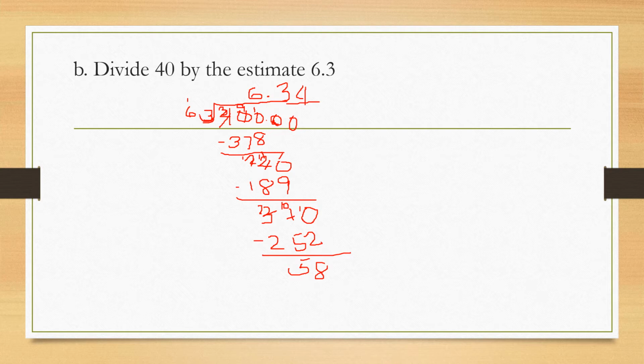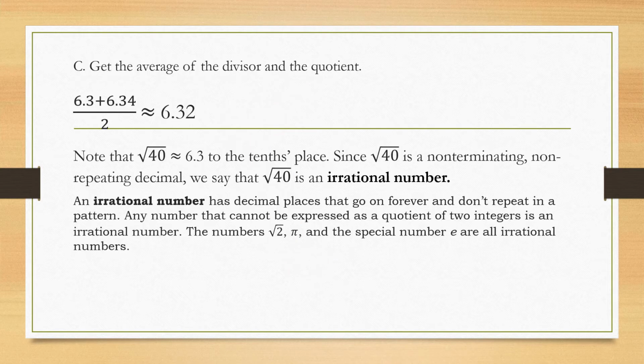Now, step 6, get the average of the divisor and the quotient. So we have 6.3 plus 6.34 divided by 2.